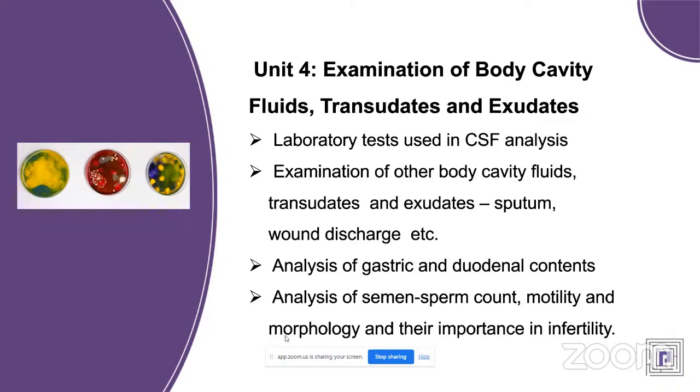So laboratory tests used in the CSF analysis. Examination of other body cavity fluids, transudates and exudates, sputum, wound discharge, analysis of gastric and duodenal contents, and how will you analyze the semen: sperm count, motility and morphology, and their importance in infertility.